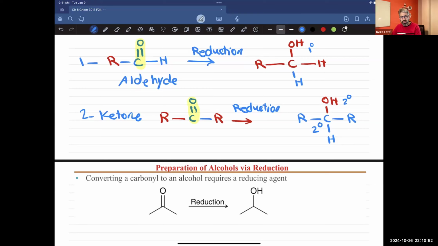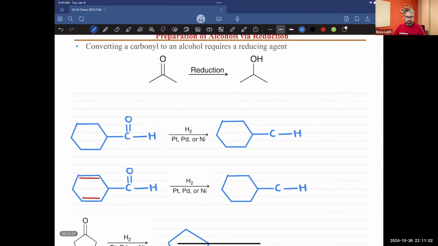Reduction of aldehyde will give us a primary alcohol. Reduction of ketones always will give us a secondary alcohol. Okay, now in this case, I have an aldehyde. How do I know I have aldehyde? You will see a carbonyl group. This is the carbonyl group that has H on one side.